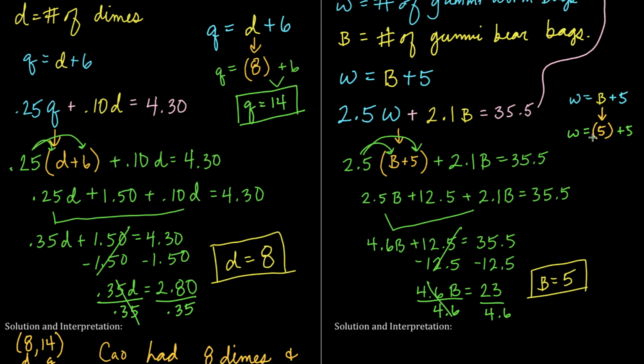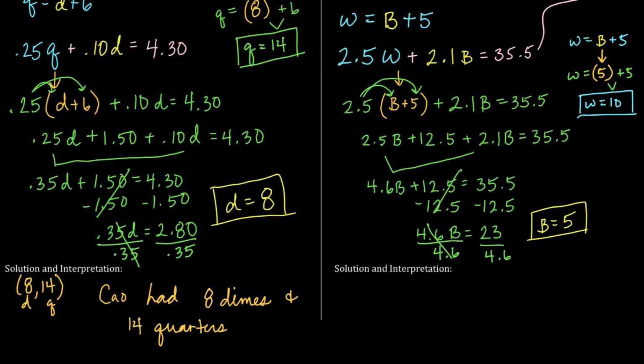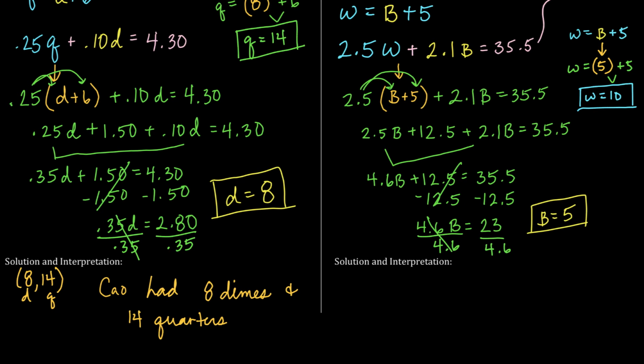So gummy worm bags equals 5 plus 5, which is 10. All right, so let's go down here and write our solution. Our solution will be 5 and then 10. Always label. So 5 are the bears, 10 are the worms, and then explain.